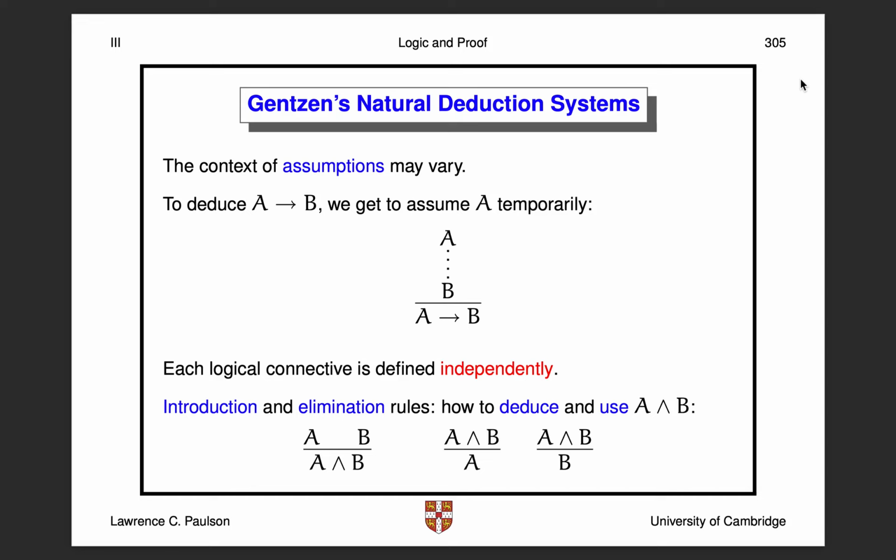There are also two rules that start with A and B. One of them concludes A, the other one concludes B. Rules of this sort are called elimination rules. In this case, you are given something involving your connective, and the rules show you what you can deduce from it.